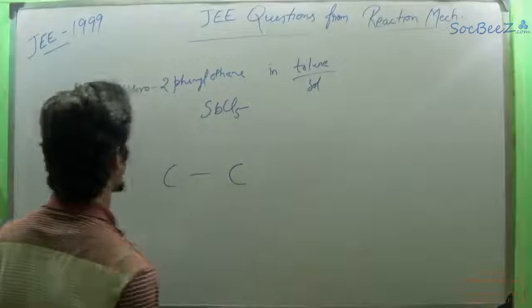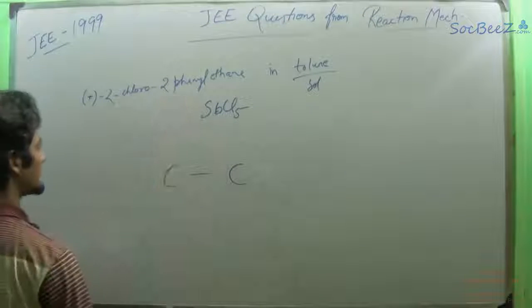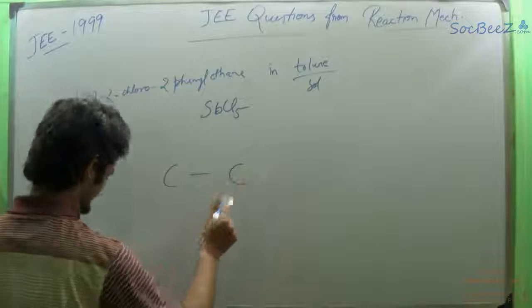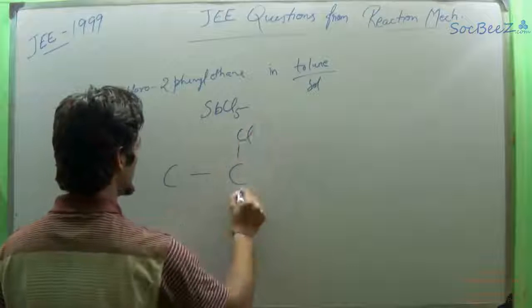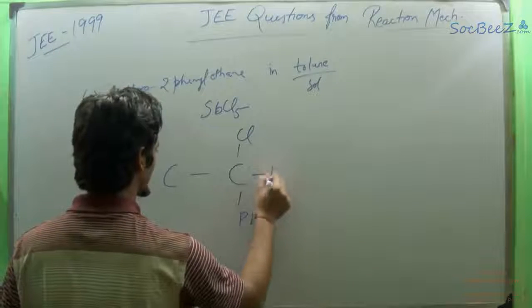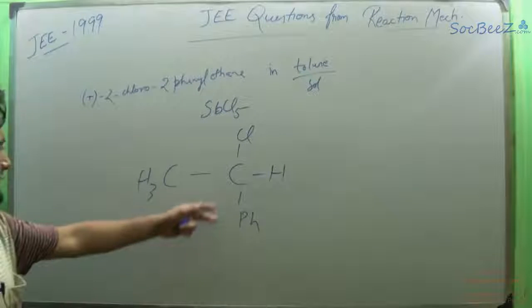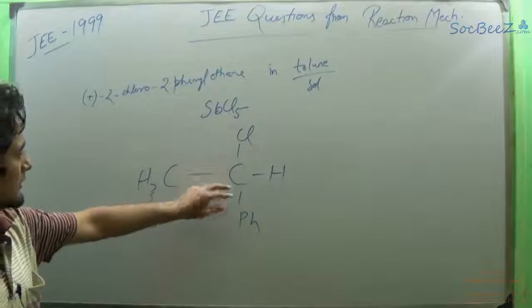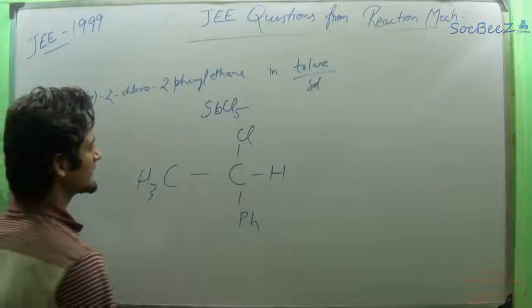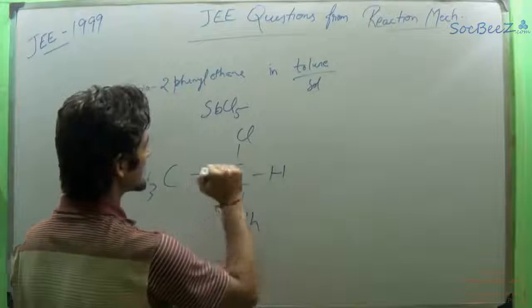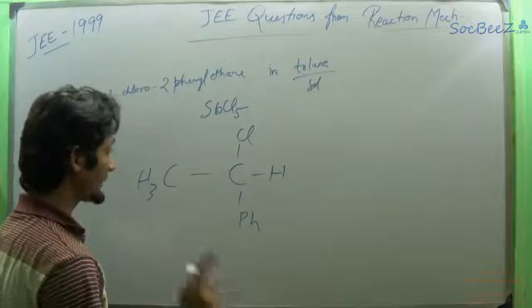In ethane we have 2 carbons. Both chloro and phenyl groups are at position 2. That is chloro, phenyl, H, CH3. So this is a chiral molecule, and what he is asking is what happens if it racemizes.